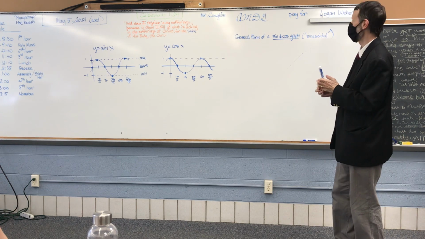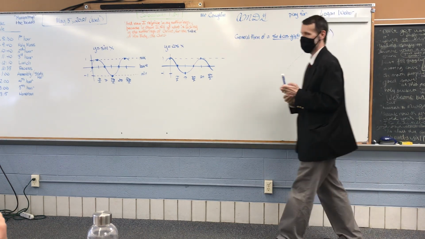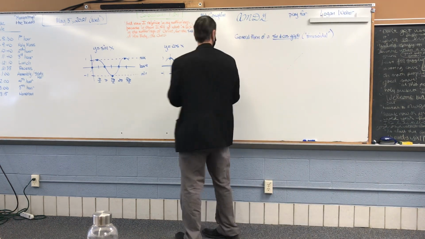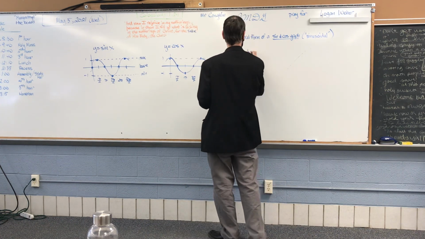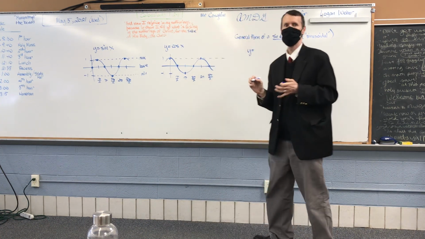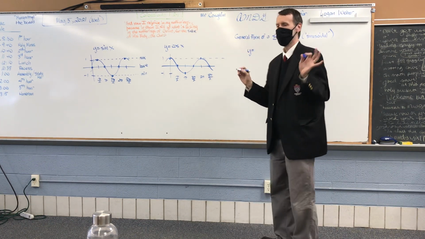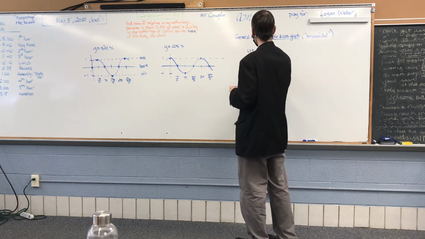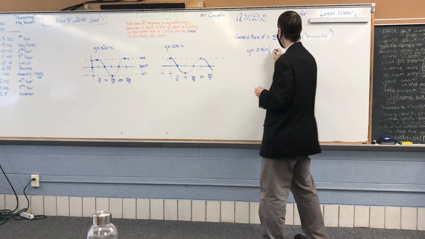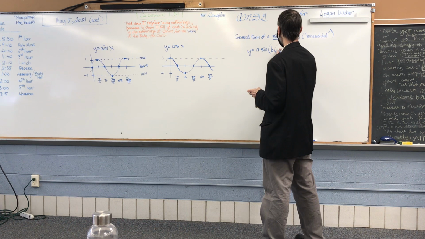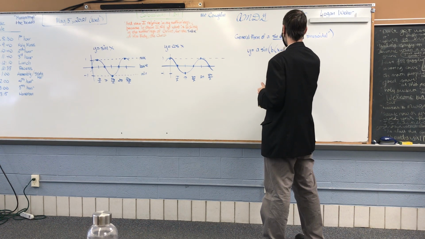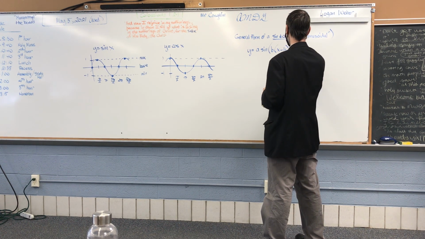Okay. So sine is a sinusoidal, cosine is a sinusoidal. Here's what it looks like. Y equals, I'm going to give you 4 new letters in here. A times the sine of parentheses, B, parentheses, x minus h, plus k.